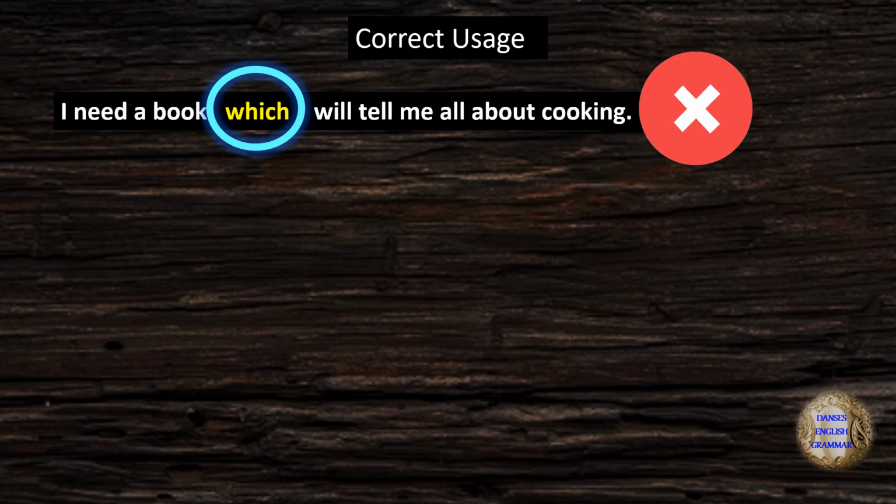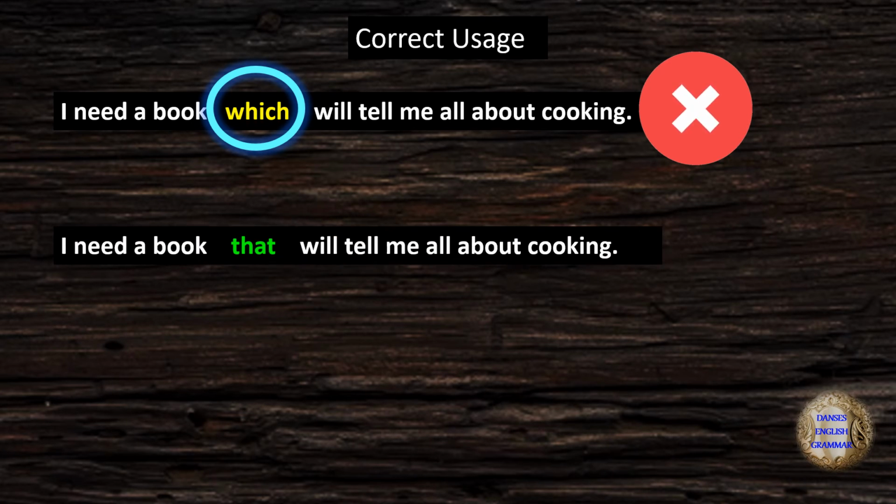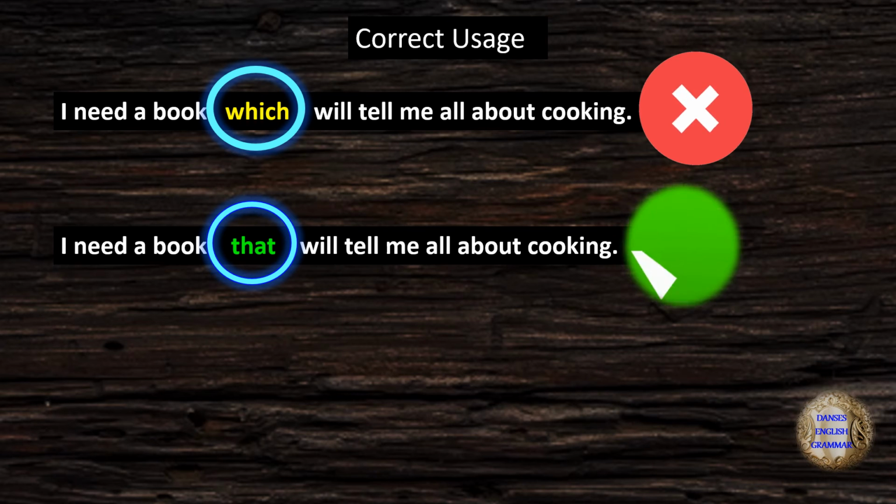What is the correct word that I should substitute here? It should be, I need a book that will tell me all about cooking. So I have to introduce the word that. Now, when I use the word that, I need to be very cautious that I should not use a comma. So then the usage is correct.